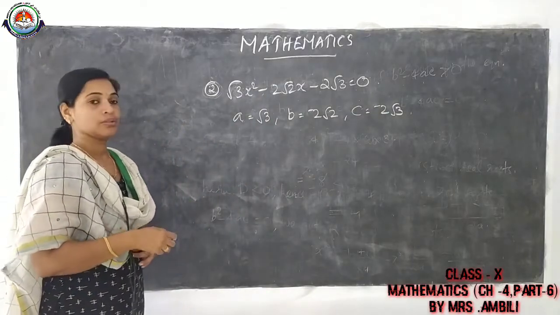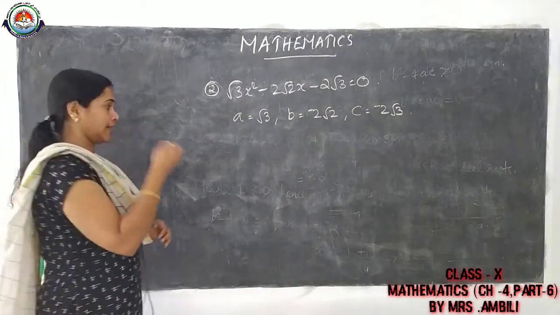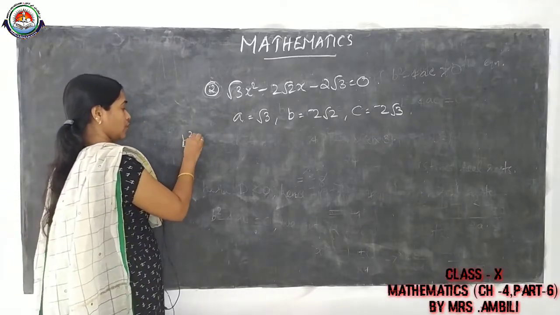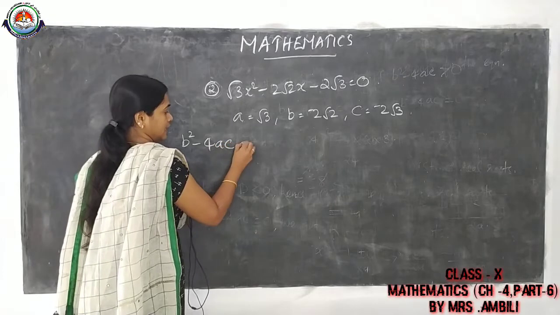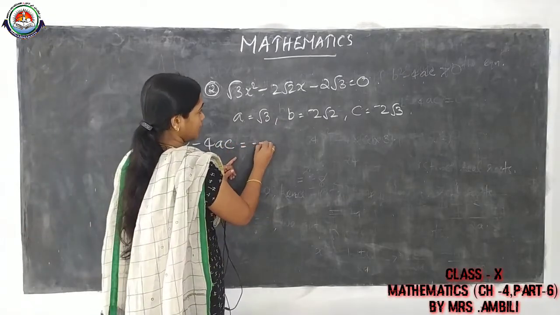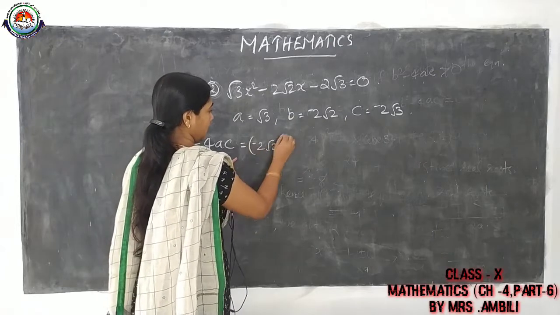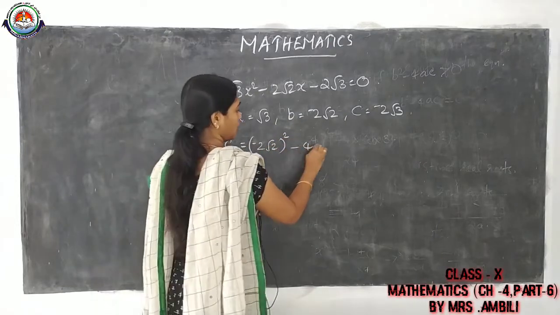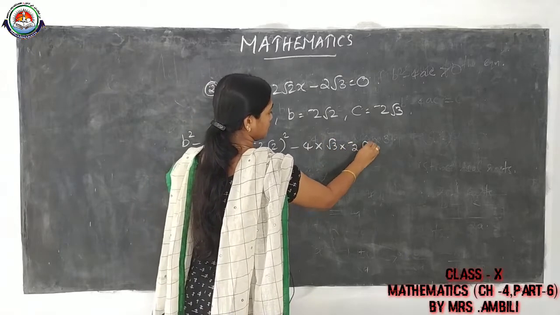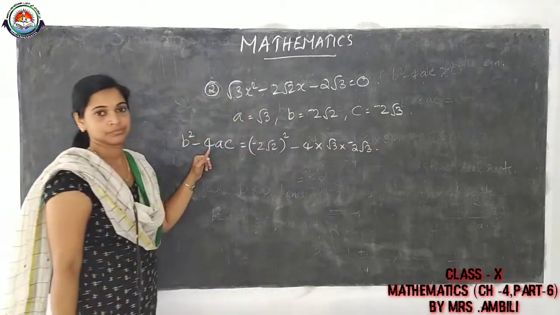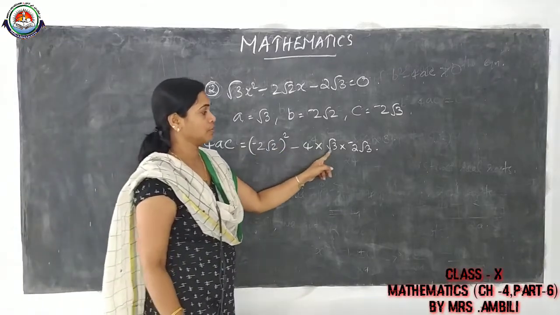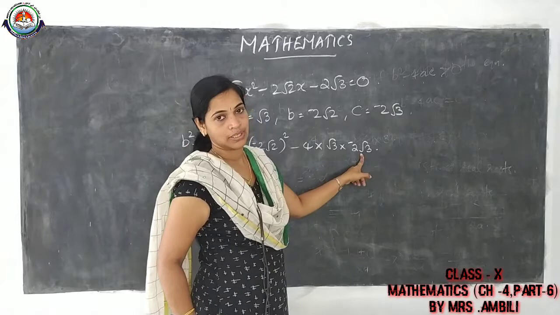Okay, so what is our next step? We need to find b square minus 4ac. The value of b square minus 4ac equal to, what is b square? Minus 2 root 2 whole square, minus 4 into, what is a? Root 3 into minus 2 root 3.